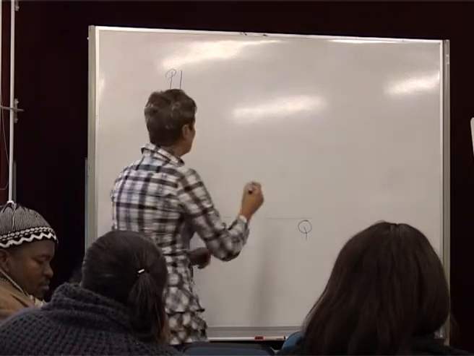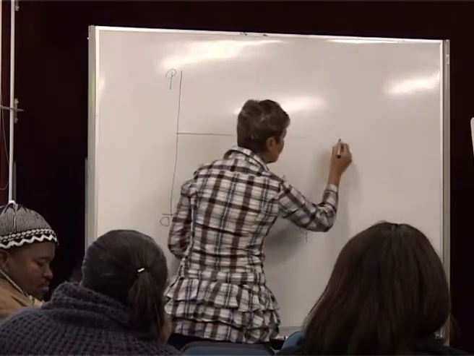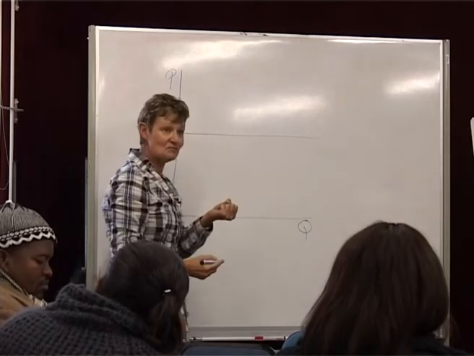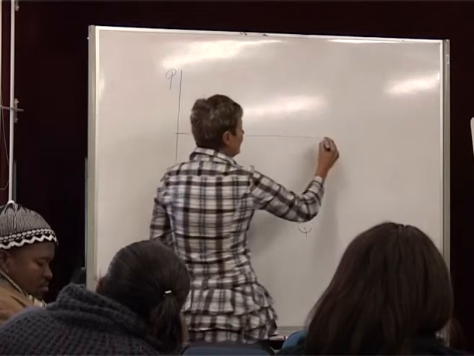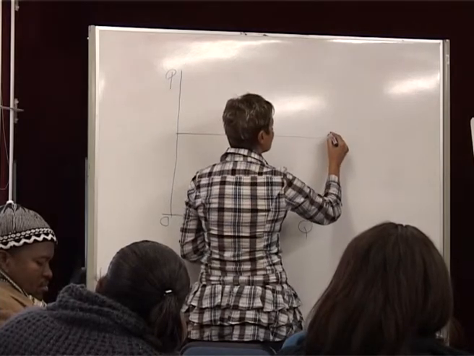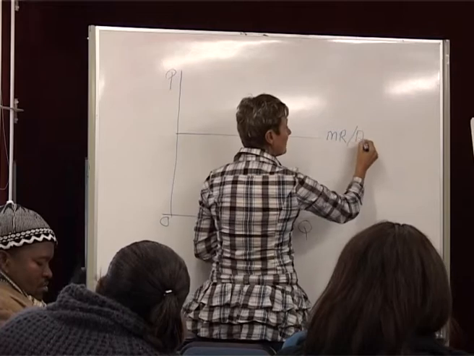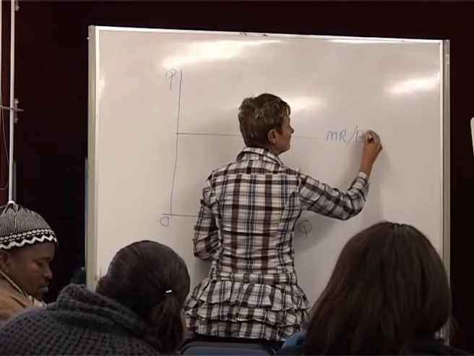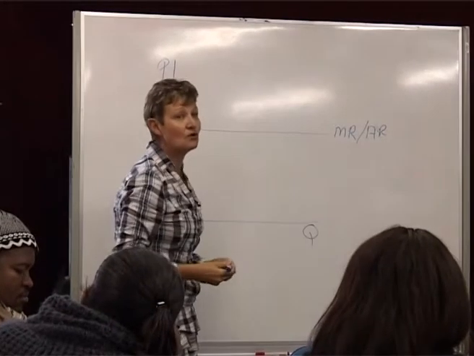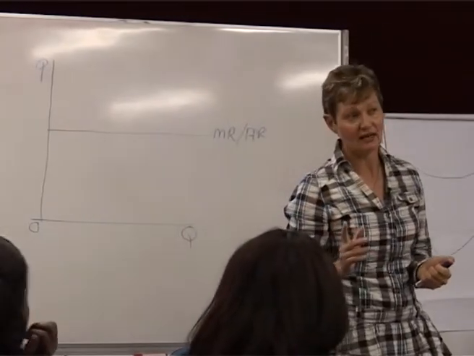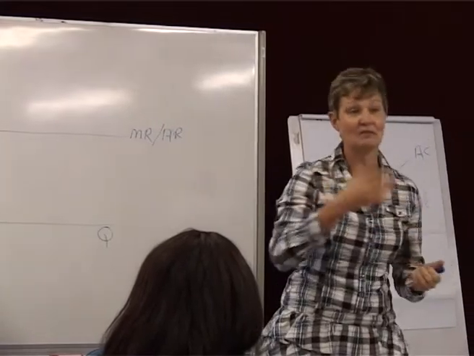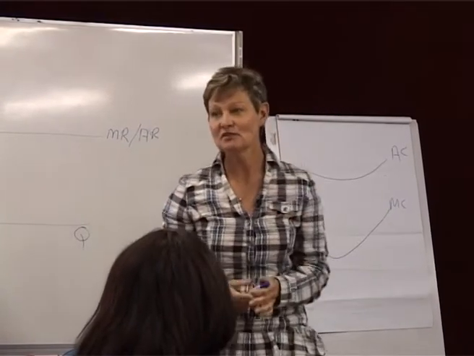Now, when we talk about the normal profit, we start off with this line, which is a given in the perfect market. We are busy with the perfect market. It's given. This represents your marginal revenue as well as your average revenue. Because sometimes learners also don't realize what the average and the marginal is and what's the difference between the two.